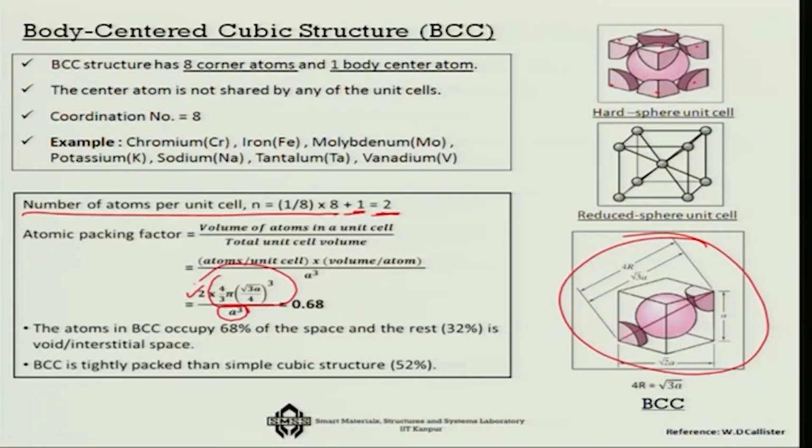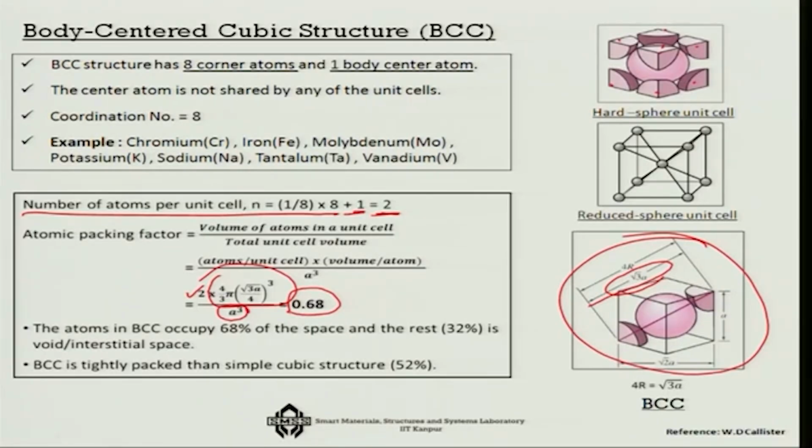That means this distance is root 3 a, hence this root 3 a by 4 cube. So, if you calculate, you will see that this ratio will come out to be 0.68.